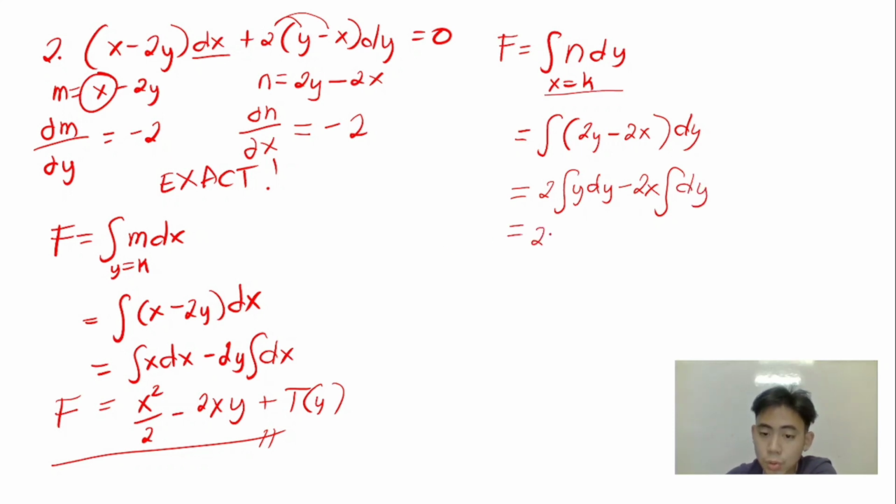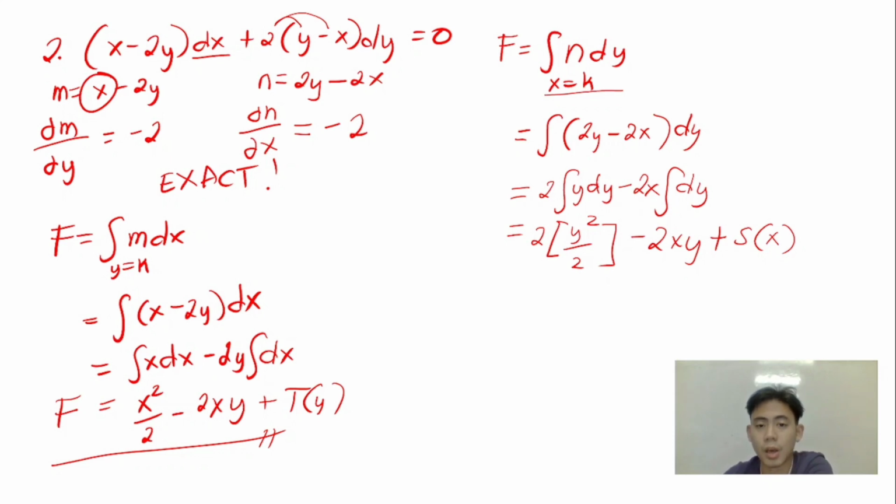So, 2y squared over 2 minus 2x times y plus s of x. Okay? So, bakit s of x? Again, kasi yung condition natin, yung x constant. Since imbes na c yung ilagay natin to represent the constant, lagay na lang natin is yung s of x. So, simplify, cancel to.